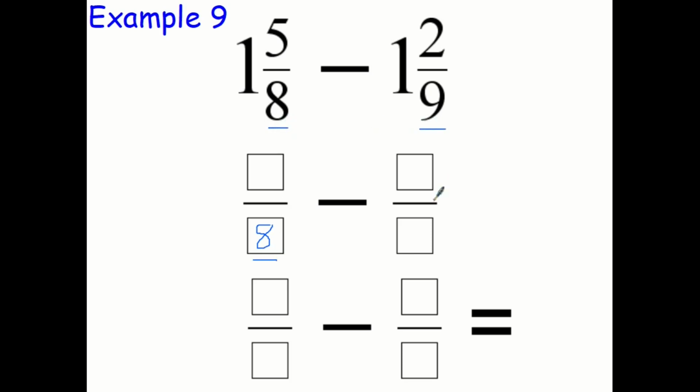So the denominator here is going to be 9ths. There are 8/8 in one whole, plus 5 means I've got 13/8. There are 9/9 in one whole, plus 2 is 11/9.